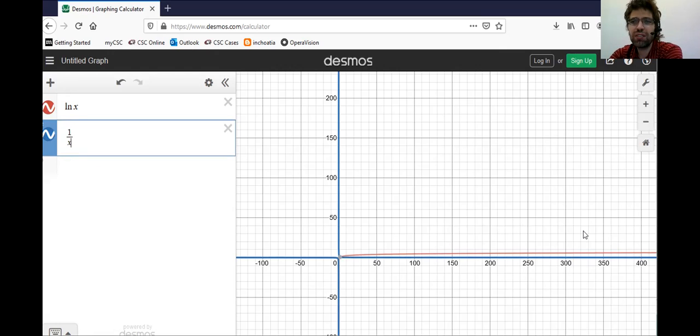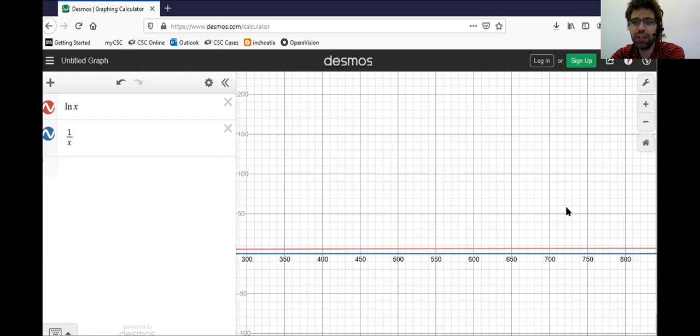So as x increases, the logarithm is growing more and more slowly. When x is 301, the logarithm is growing at a rate of 1 divided by 301.